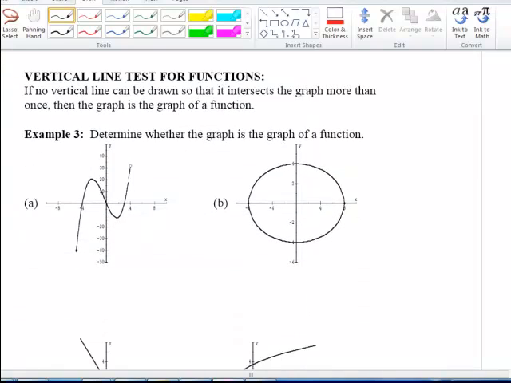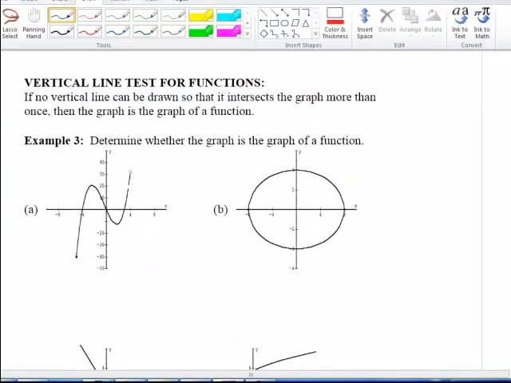Another standard test for functions is if we've got a graph of a relation, we have a quick way to test if it's a function. And that is this. The vertical line test for functions states, if no vertical line can be drawn so that it intersects the graph more than once, then the graph is the graph of a function. Let's state an equivalent way that just might be a little more useful.